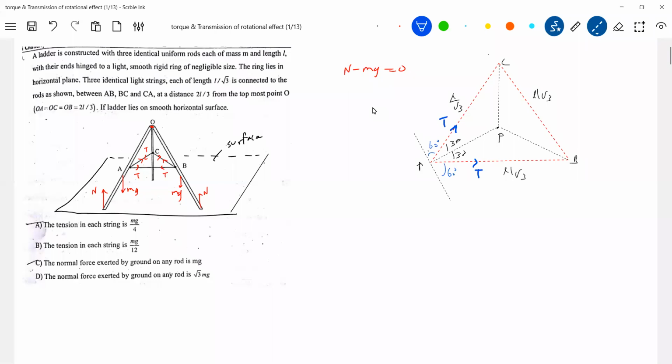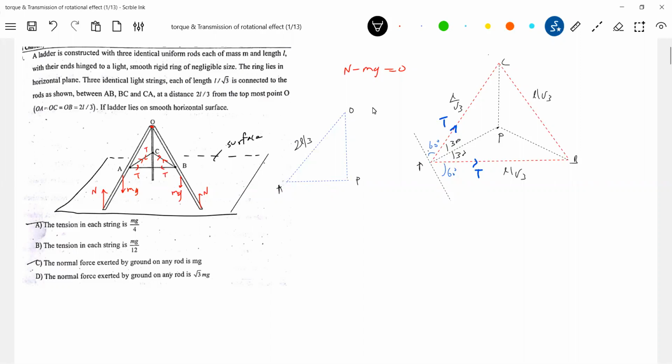So let me go for one more triangle. This is O, this is P, and this is A. So this length is how much here? Look at this one: between AB and BC at a distance 2L from the topmost point O. So what can be the distance OE? 2L by 3.